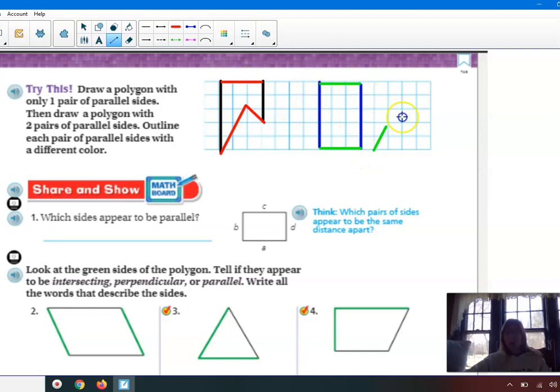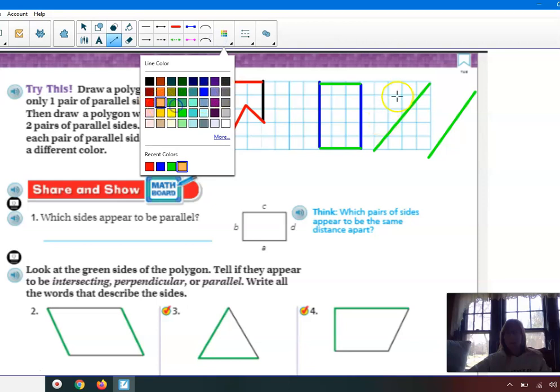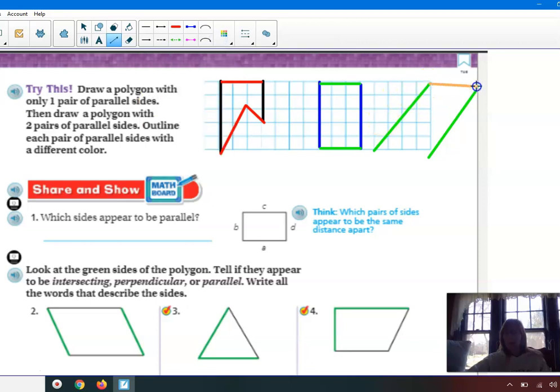Now I could have also done this. I could have gone one, two, and then I could have drawn one and two. And then there's two sets of parallel lines. Now this is a rhombus because, well, I was trying to make a rhombus.